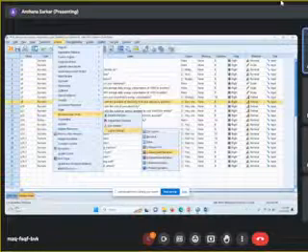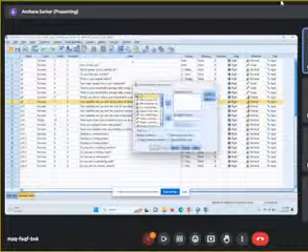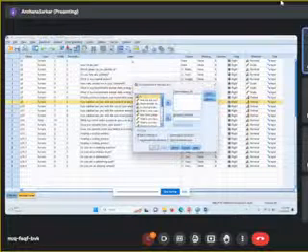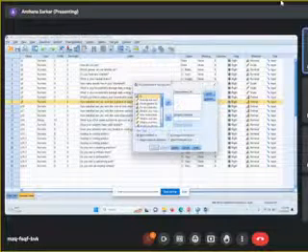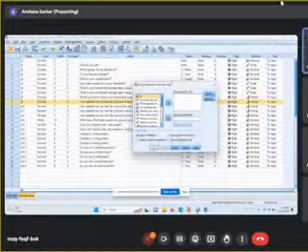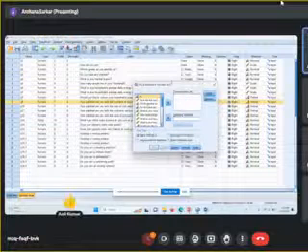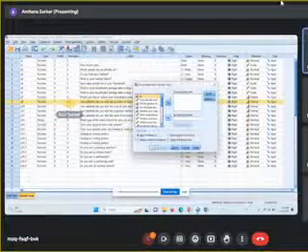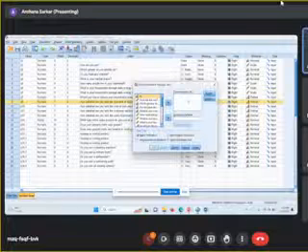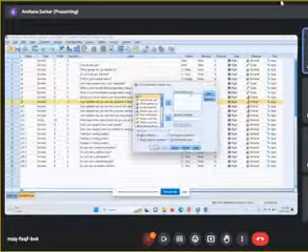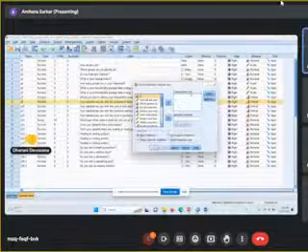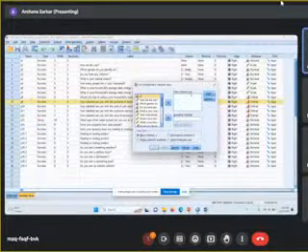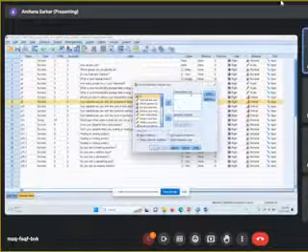Whenever you click it, this kind of box will open. Till now it is clear, everyone? Yes, ma'am. Here you can see the first one is the test variable. The test variable is generally our dependent variable, for which we want to calculate, and the grouping variable is the group for which I want to check the result.